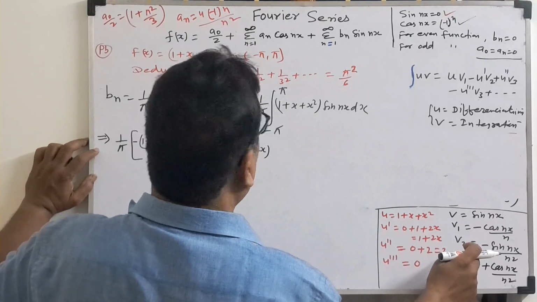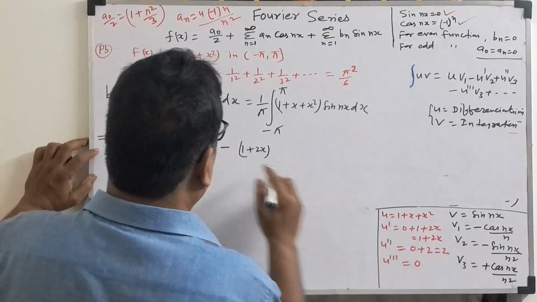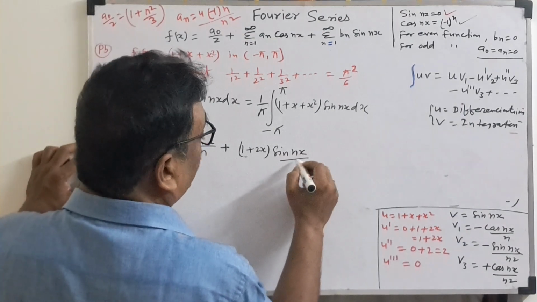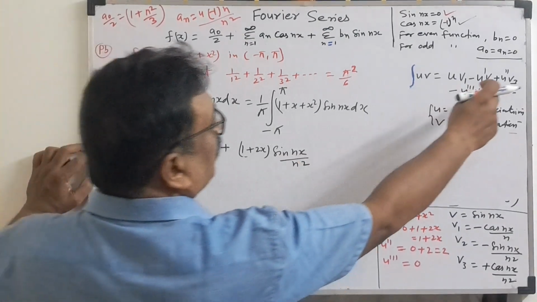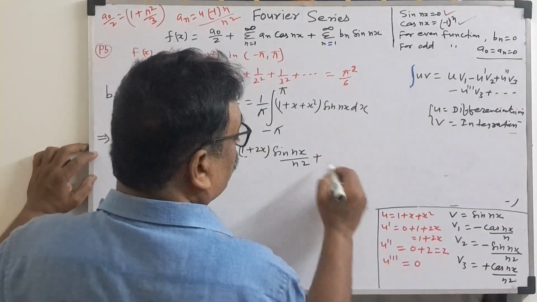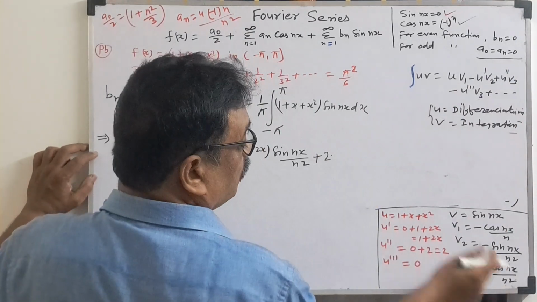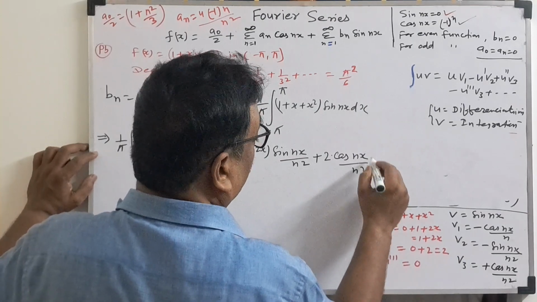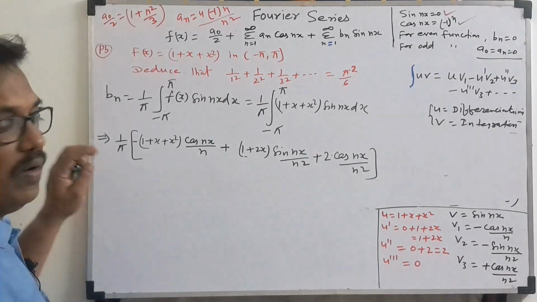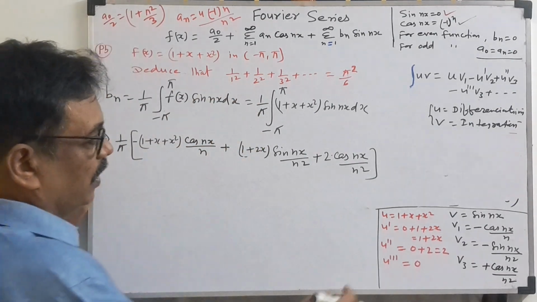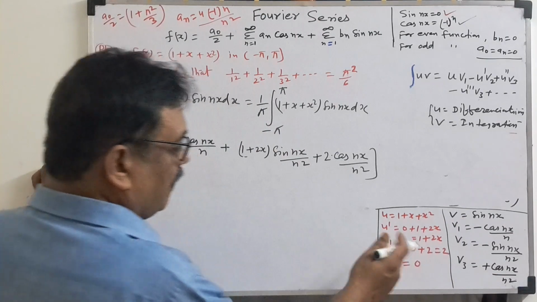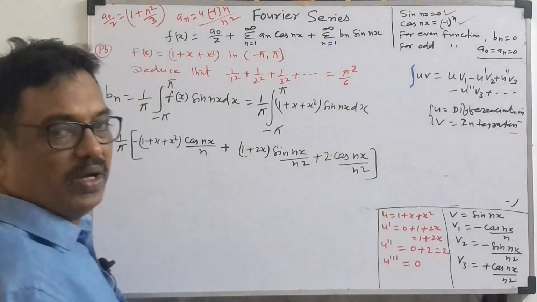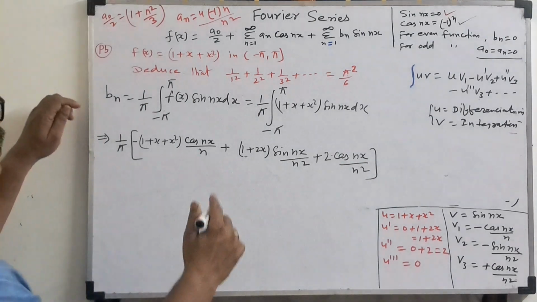Then what is v2? u dash v2, but minus, so this will become plus: sine nx by n square. Formula will be plus, here will be plus. So this is 2, 2 into cos nx by n square. See, the problems look very long. Suppose you follow these steps and just substitute plus and minus carefully, the problem will be 2 pages, 2.5 pages. But if you go by the process, it will be simple only.